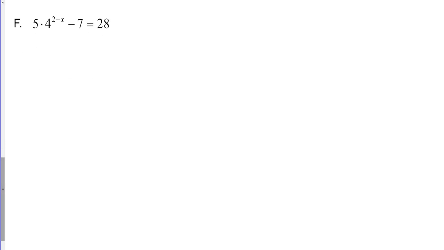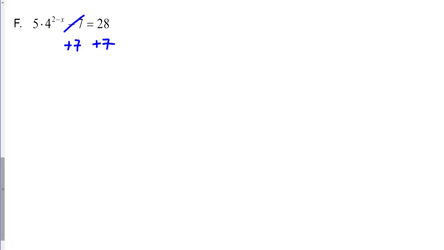Okay, so 5 times 4 raised to the 2 minus x, minus 7, equals 28. In this situation, I can't really start changing things into logarithms until I get these added, multiplied constants out of the problem. So the first thing I'm going to do is add 7 to both sides.